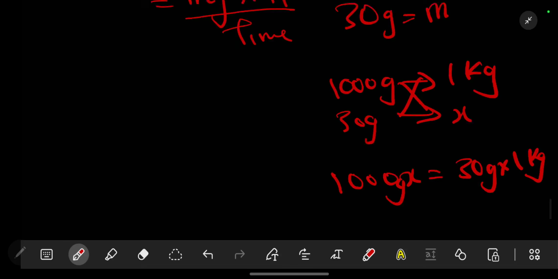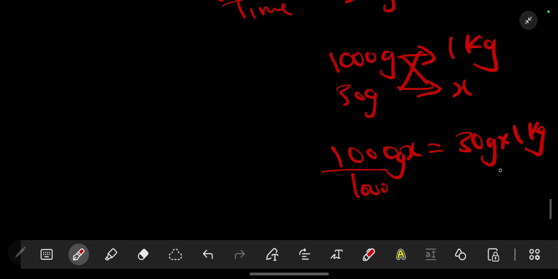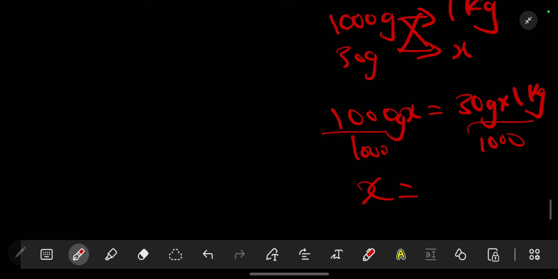Divide by 1000 on both sides. So x is equal to 30 divided by 1000. This gives us a value equivalent to 0.03, so we have 0.03 kg.